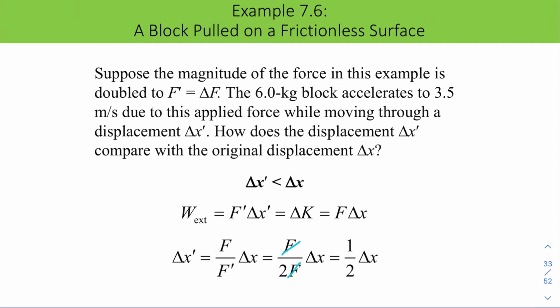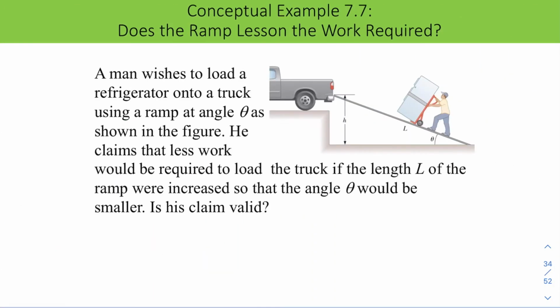Okay, so half delta x. That is how we know that delta x prime is less than delta x. Concept to example 7.7: does the ramp lessen the work required?